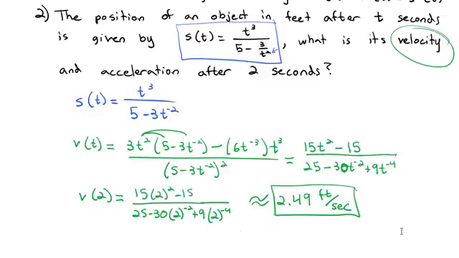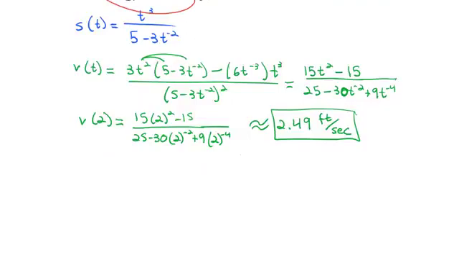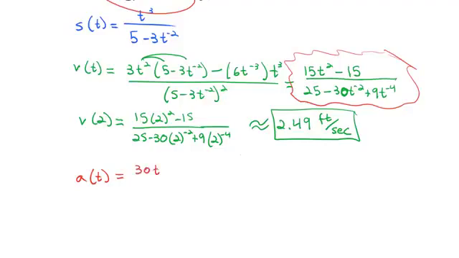That's the velocity. But the problem's also asking for the acceleration. So let's scroll down to give us some more whiteboard space. The acceleration at t is going to be the derivative of the velocity. So we've got this derivative of a velocity function. So we'll take the derivative of the numerator, which is 30t, times the denominator, which is 25 minus 30t to the negative 2 plus 9t to the negative 4, minus the derivative of the denominator.